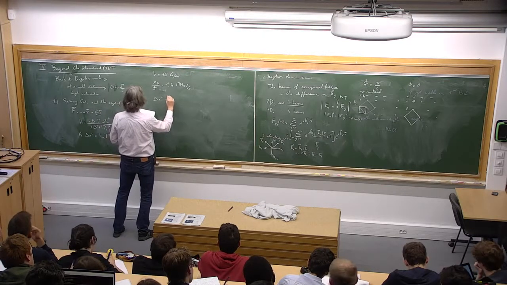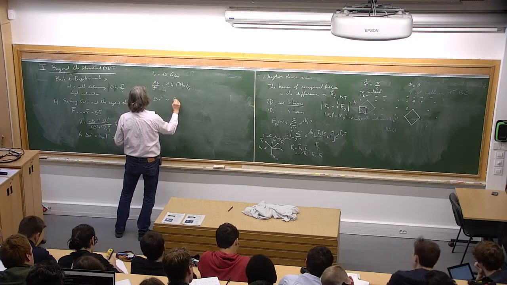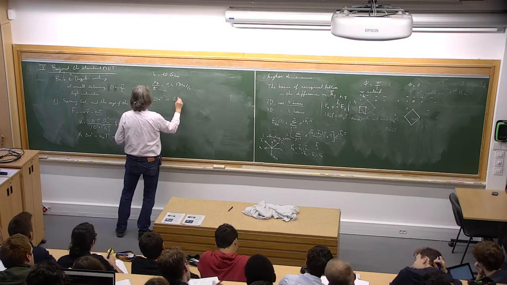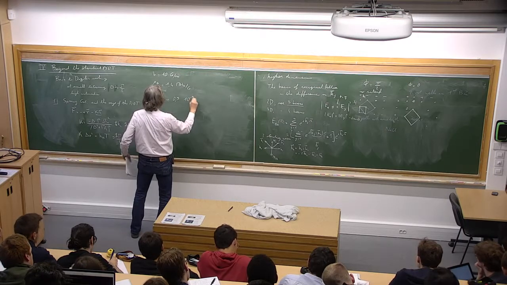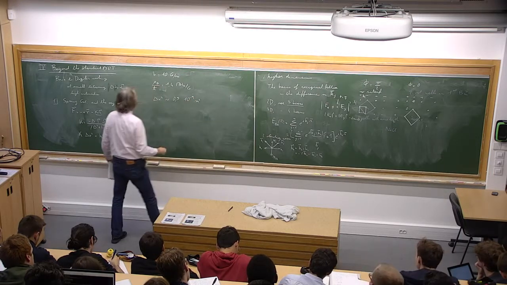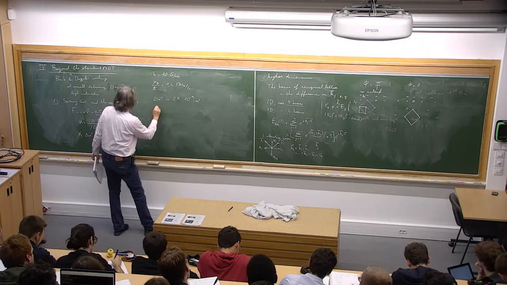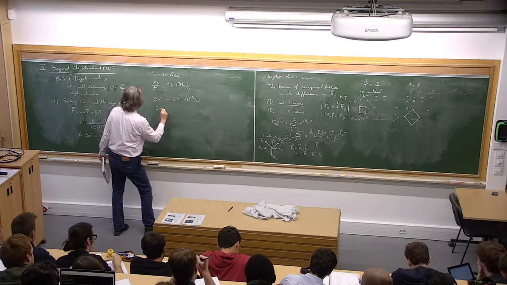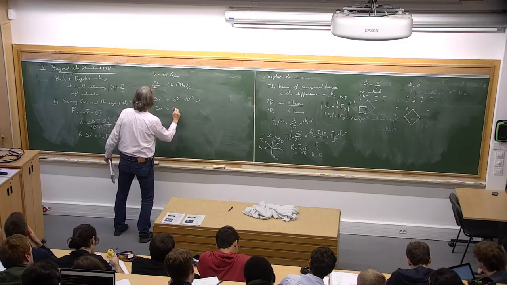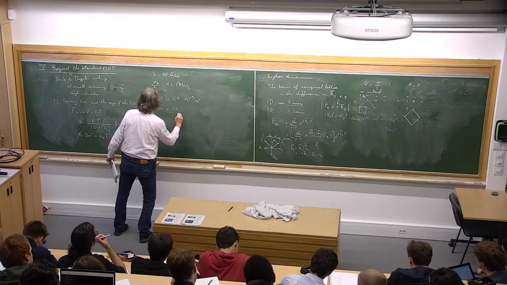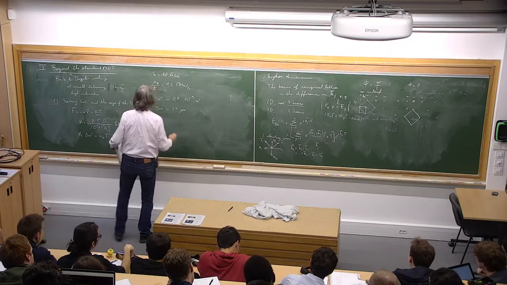So I hope I did not make a mistake, which is 0.5 10 to the minus 9 meters squared, which means that you expect a delta X on the order of 20 or 25 micrometers.